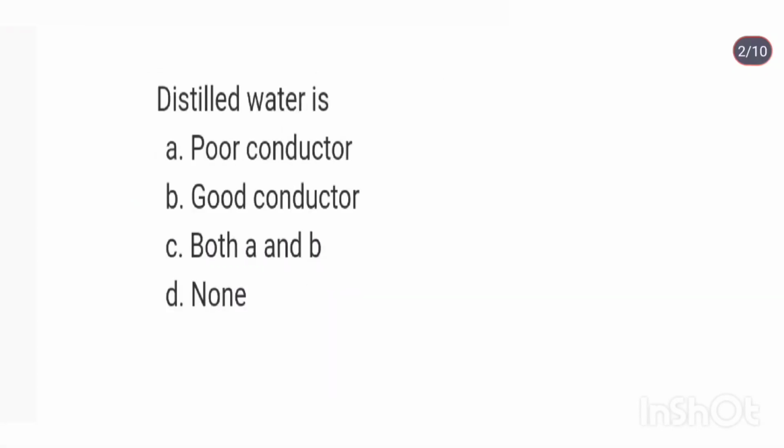Distilled water is a poor conductor. Distilled water is water in its purest form. It does not contain any type of salts, minerals or acids, so it cannot conduct electricity. That is, it is a poor conductor of electricity.